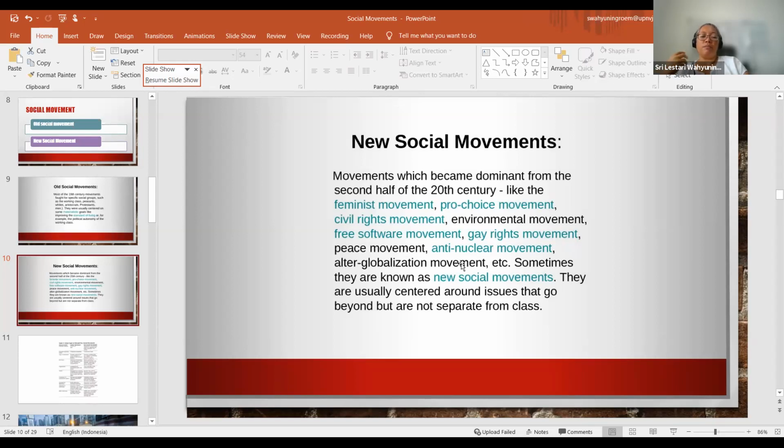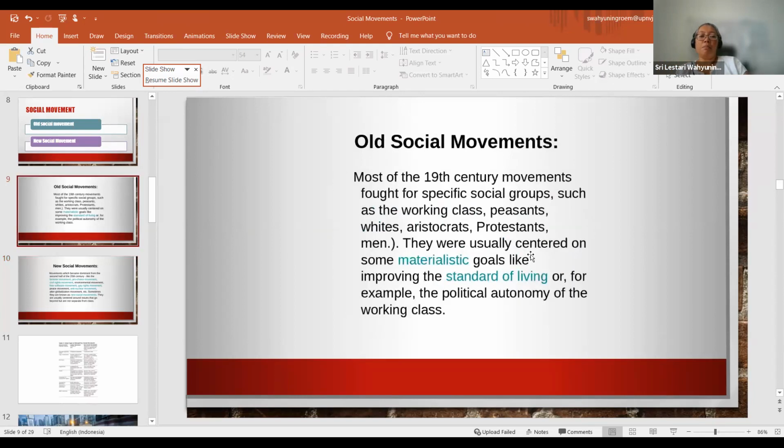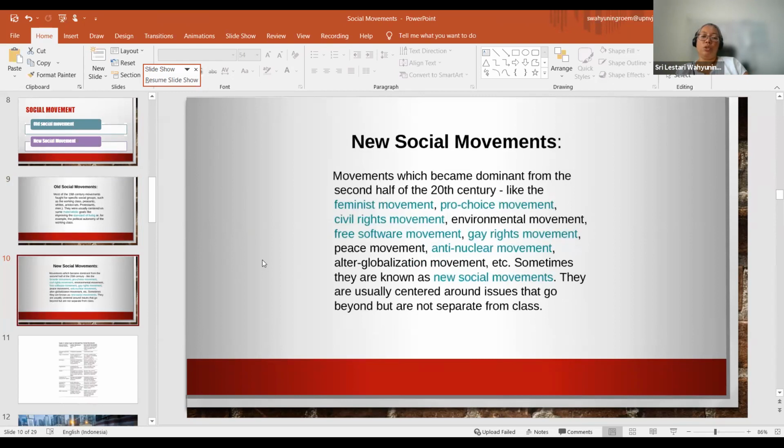So they've moved beyond the materialistic goals. Remember, the old social movements are merely aiming for materialistic goals, like improving standard of living or things like that. But the new social movement is non-materialistic, in a way that it is a need you can't really value with any material goods.